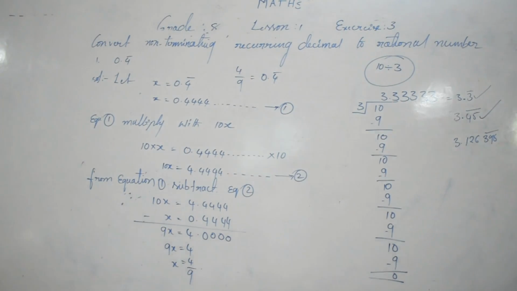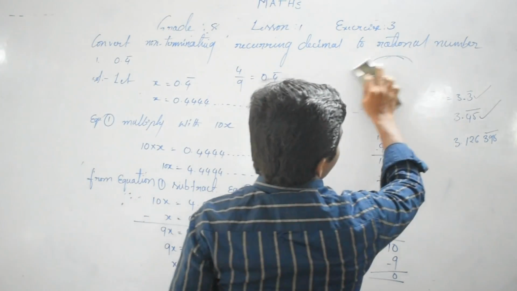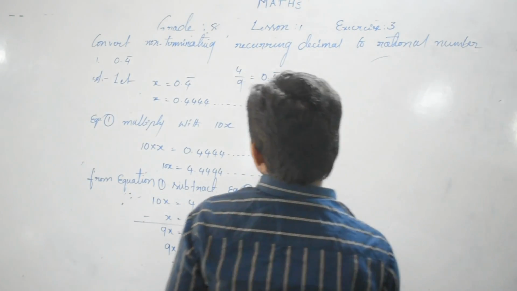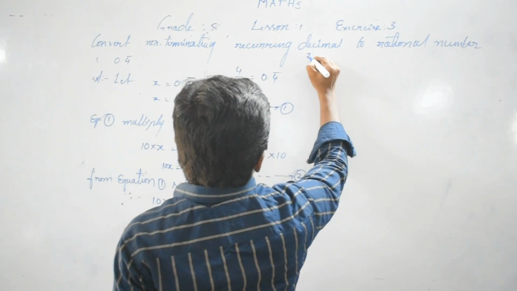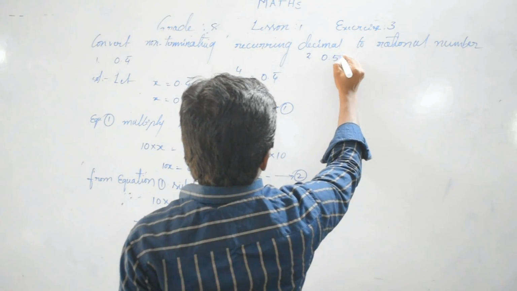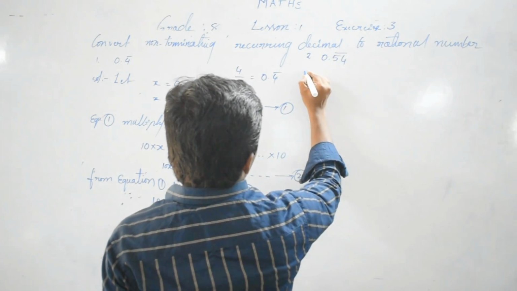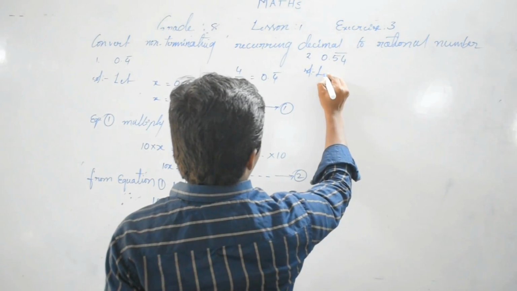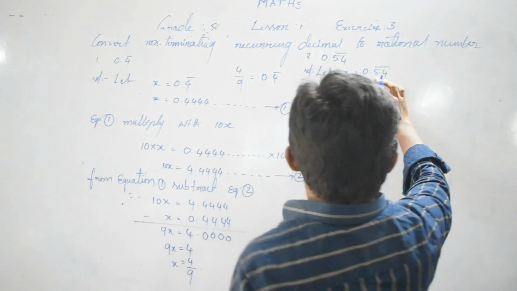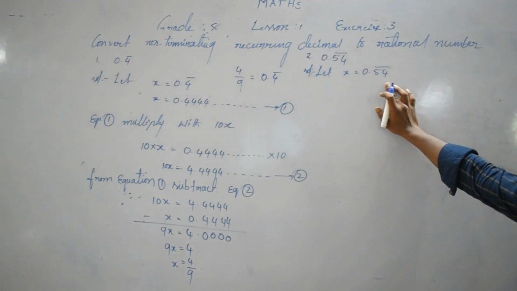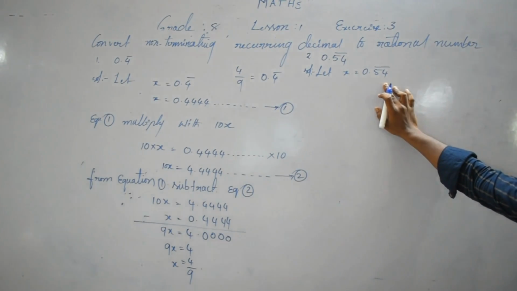Next, another example: 0.54 bar. So here let x equal to 0.54 bar. As I said before, how many numbers have the bar, that is the periodicity.